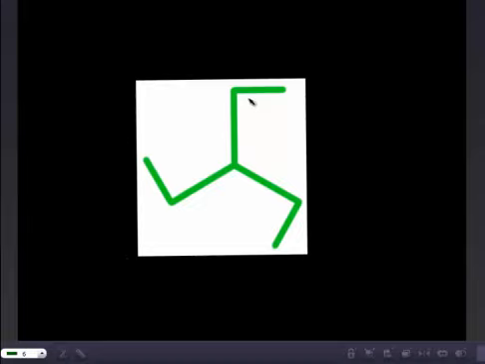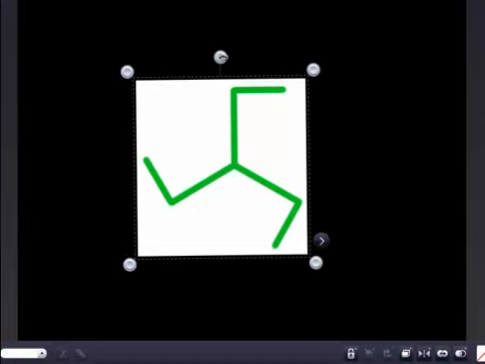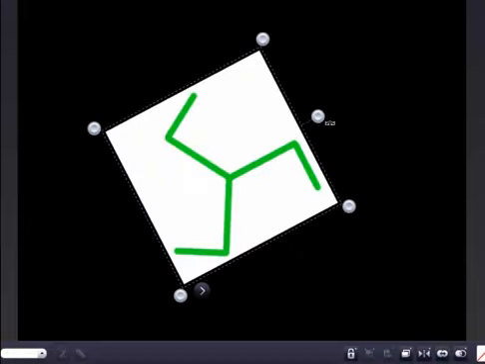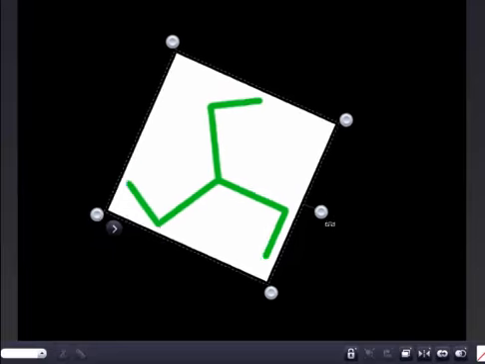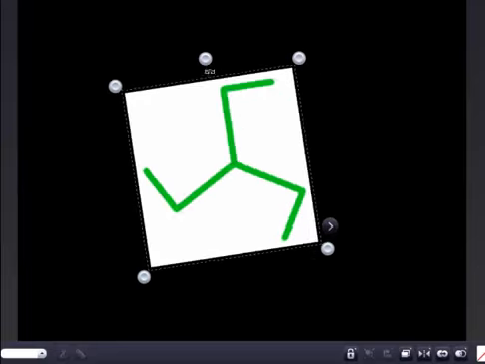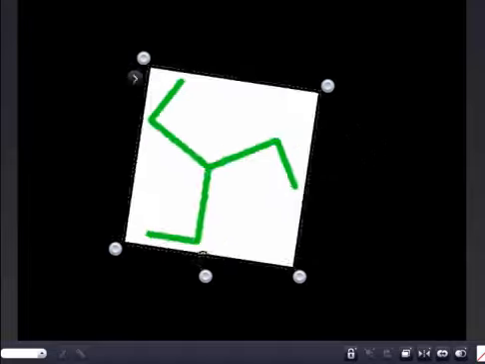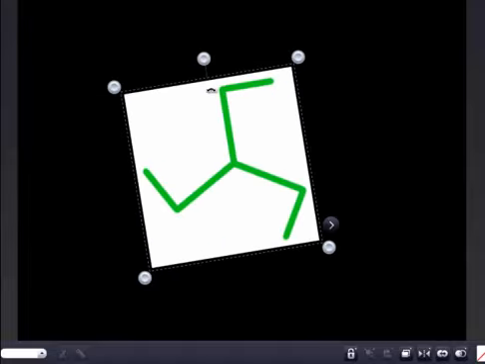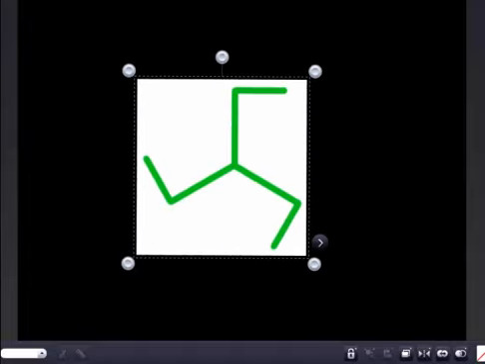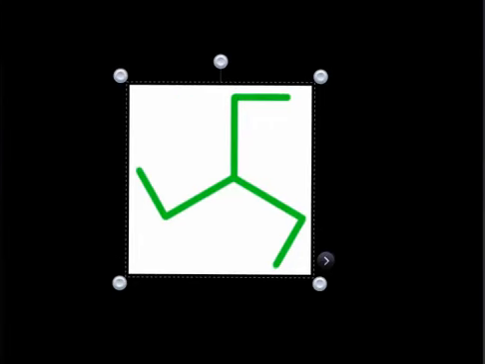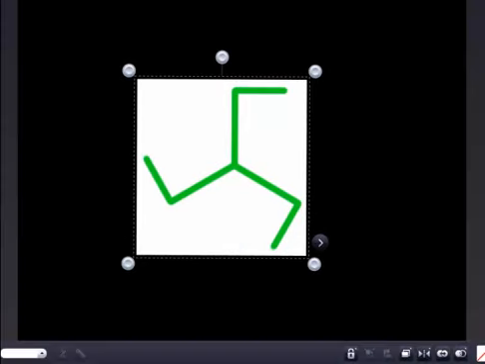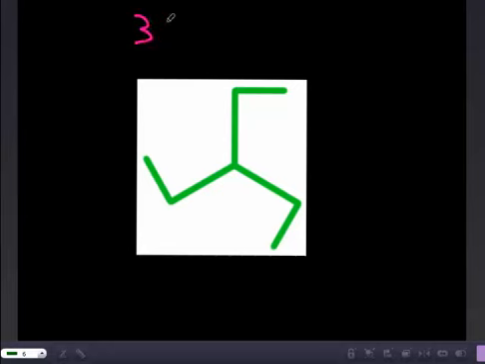Similar to that is rotational symmetry, and that's if you take a shape and can turn it and it looks the same. So this shape looks the same here as it does here. You can spin it 1, 2, and then back to 3. To figure out how many degrees it was, we take the amount of times that you can spin it and divide a full spin, which is 360, by it.